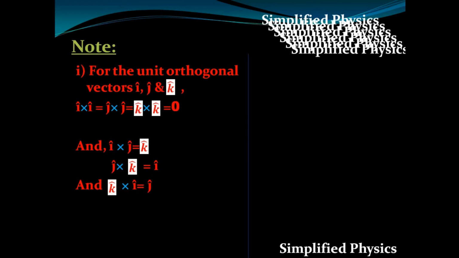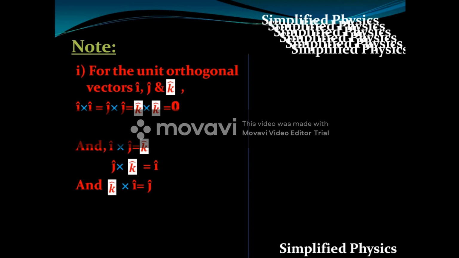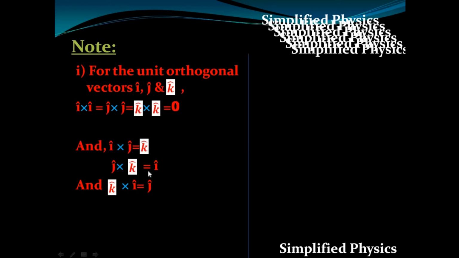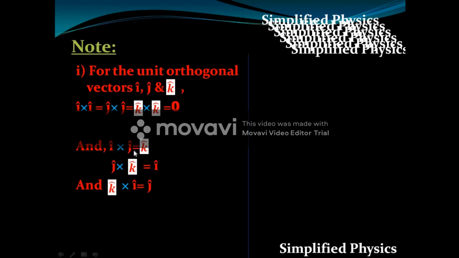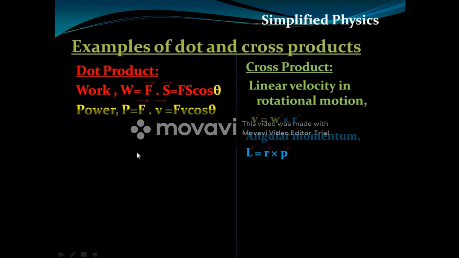What about i cross j vector? i cross j gives the k vector, j cross k gives the i vector, and k cross i gives the j vector. What about j cross i? Obviously minus k, k cross j is minus i, and i cross k gives minus j vector. Taking the order i, j, k, if they are in order, you'll get the third unit vector: i cross j is k vector, and so on.